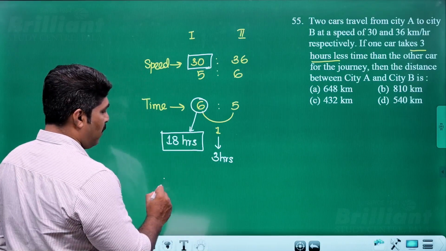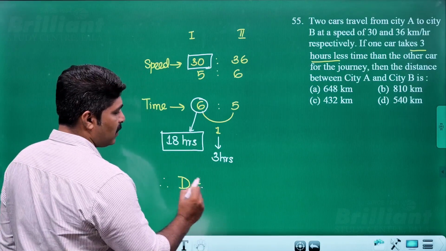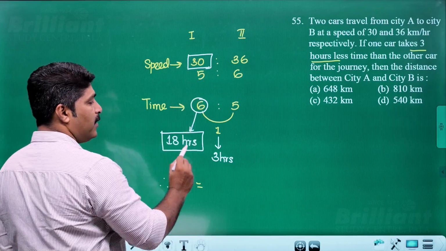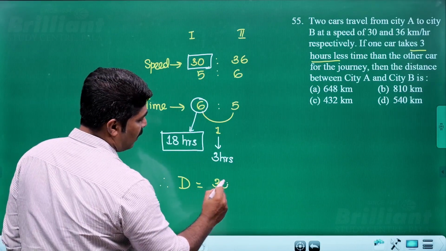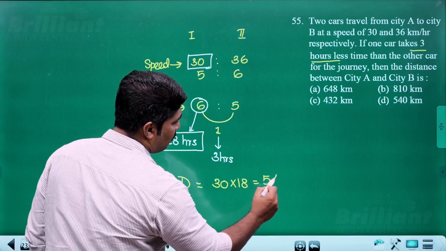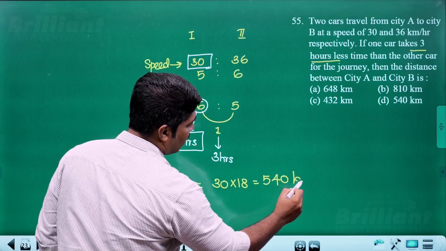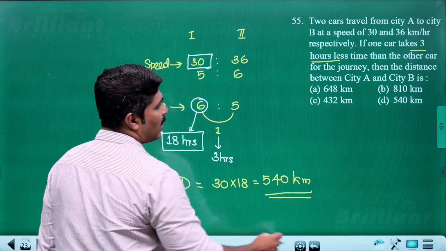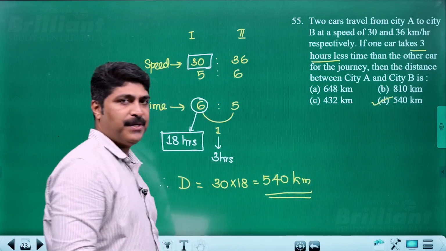The distance is nothing but speed into time. Therefore, 30 into 18, which is equal to 540. So the answer is 540 kilometer.